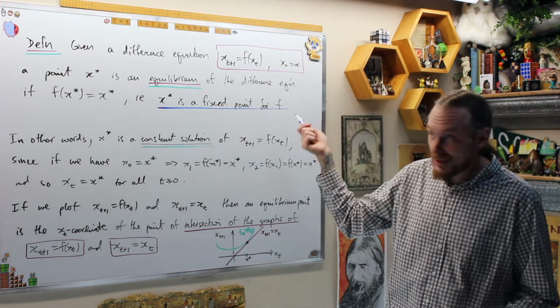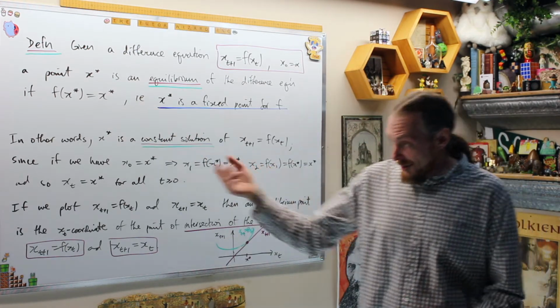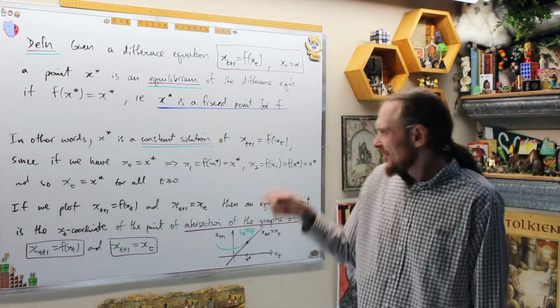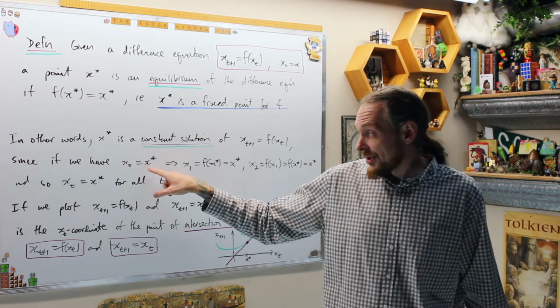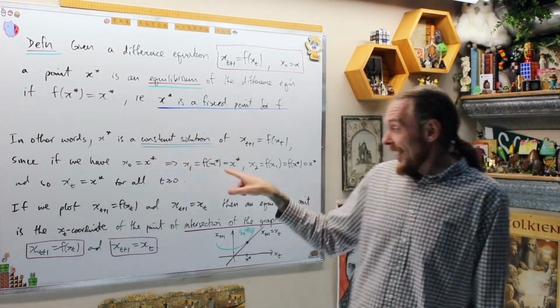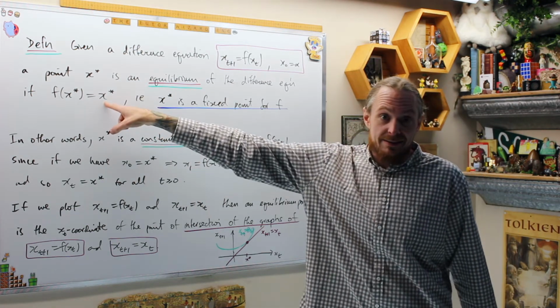A point is a fixed point of a function if it maps to itself. In other words, x star is essentially a constant solution for this difference equation, because if we start with the initial condition at x star instead of at alpha, then x1 is going to be f of x star, but we know f of x star is x star.